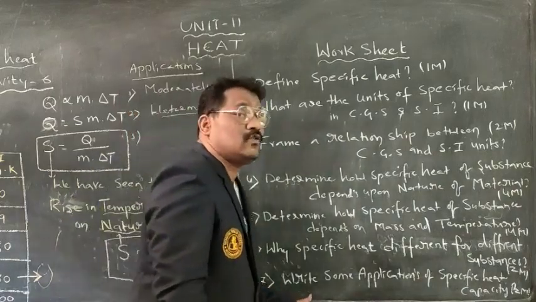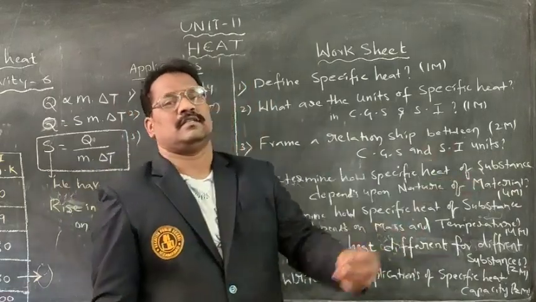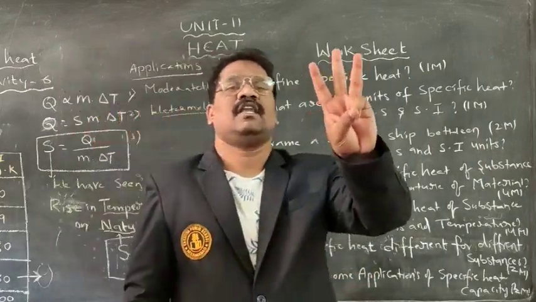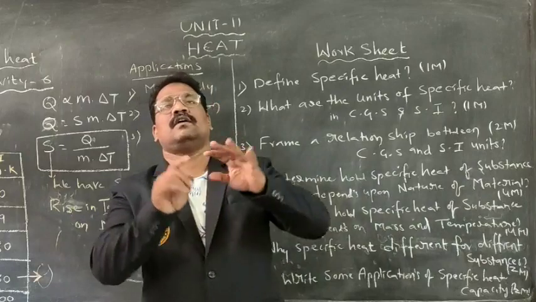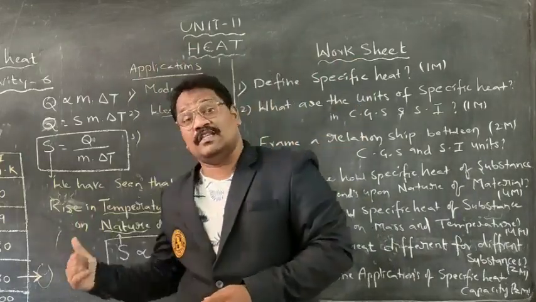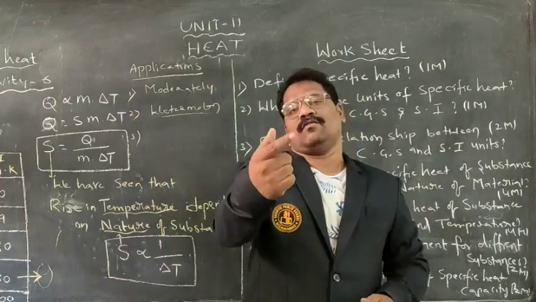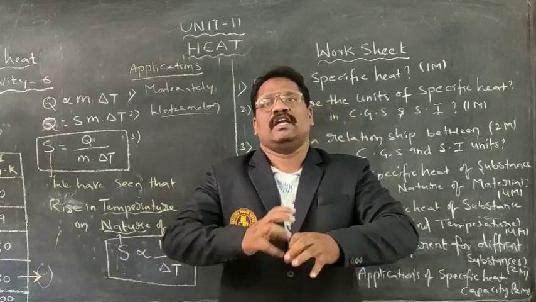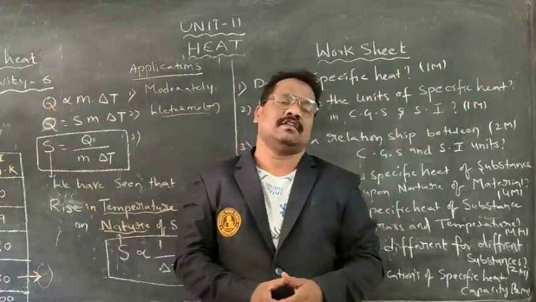And the next one is our last question: write some applications of specific heat capacity. We have seen 3 applications. That is, the earth is surrounded by water, as water has a higher specific heat than any other substance. It can absorb more heat there itself.